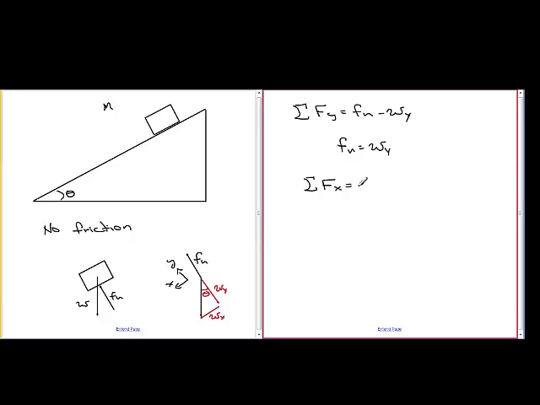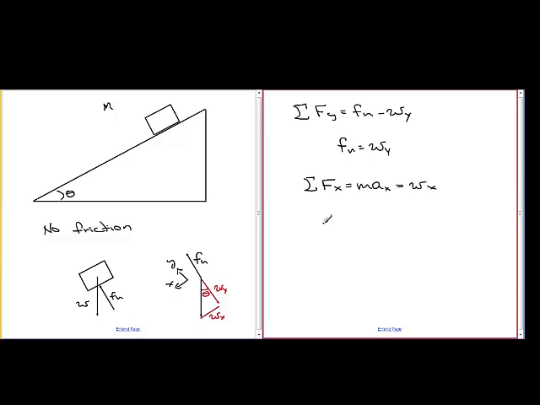If you sum the forces in the x direction, that's equal to the mass times the acceleration in the x direction. And the only force I have in the x direction is W sub x. The way that I've defined x positive going down, I'm going to say W sub x is positive.